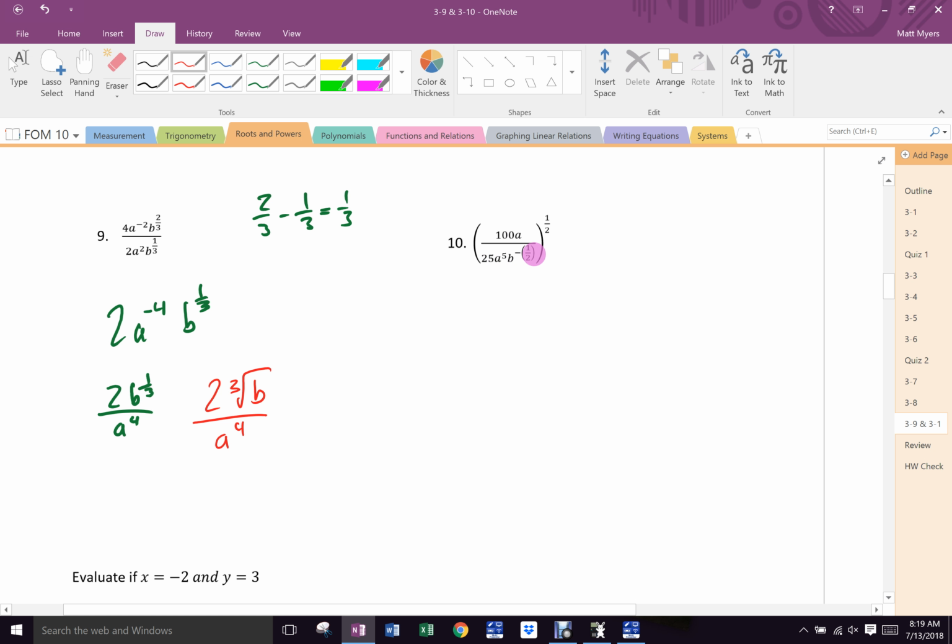I'm going to tidy up inside here first. So 100 divided by 25 is 4, yes? What do I do with A to the 1 and A to the 5th? Subtract. What's 1 minus 5? Negative 4. Now, I'm not going to move him yet because it's not the very end. There's still stuff happening. That guy might change.